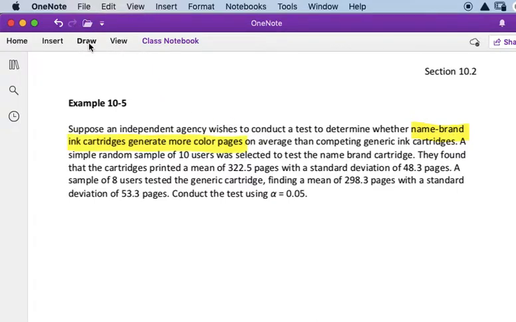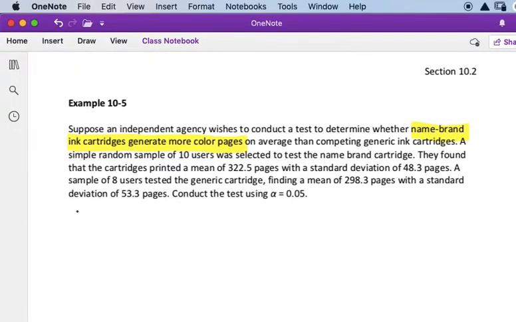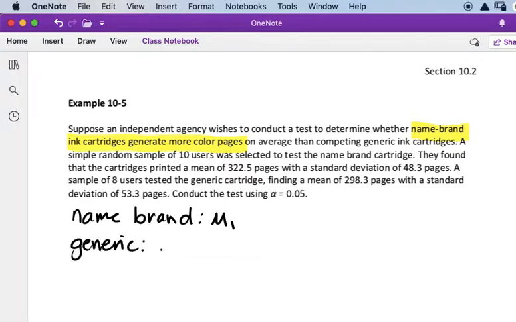If I set the name brand to be mu1, it's important that you keep track of which is which when you're doing these problems, and I'm going to set the generic to be mu2, then what I'm claiming is that mu1 is greater than mu2, right?